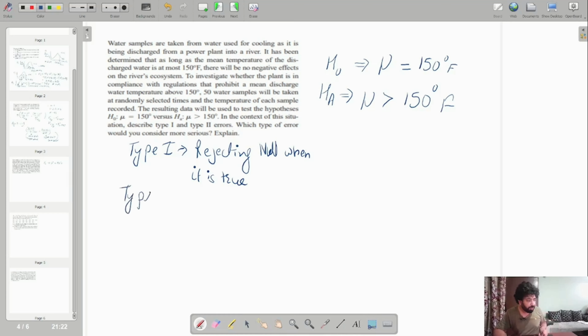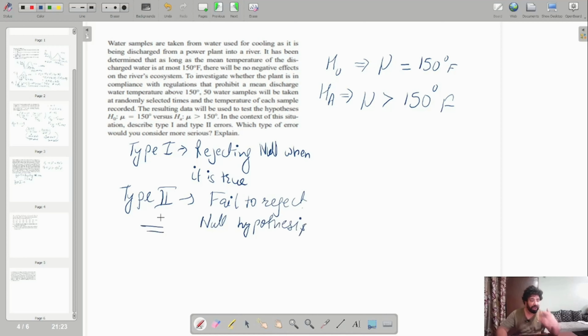Similarly, I have another way of doing things which is type 2 error. So type 2 error is actually failing to reject H naught when the alternative is true. So I actually fail to reject the null hypothesis in this case. For this problem it implies that if I make a type 2 error, then I will conclude that the plant is actually following the regulation.